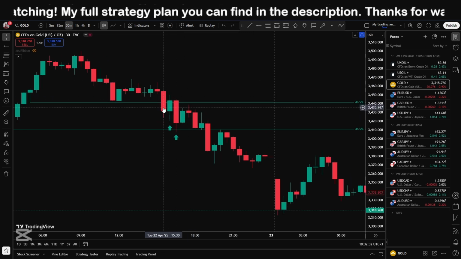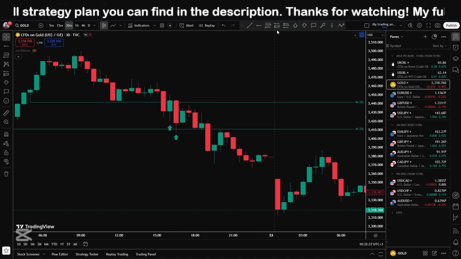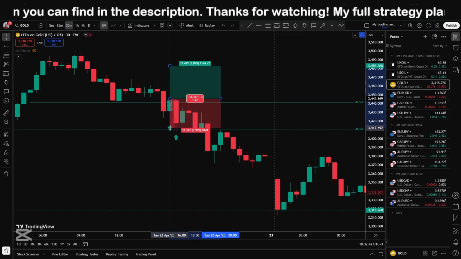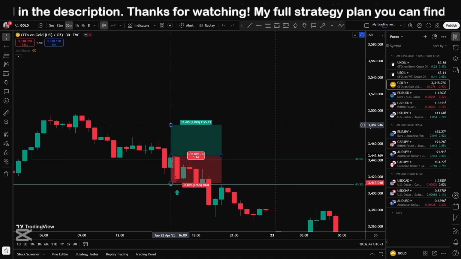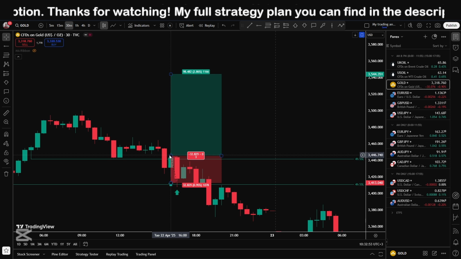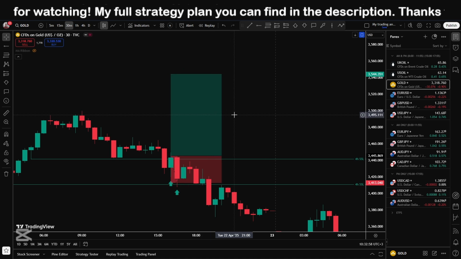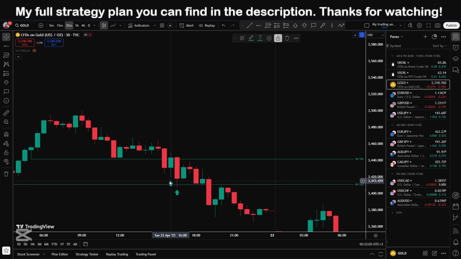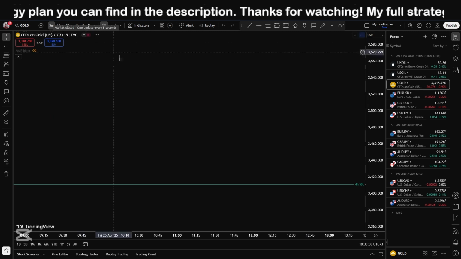You can see that we have the bearish bar, then the bullish bar, stop loss under the wick, again risk reward ratio 1 to 3, but you can see how the price didn't go in my direction, so I take a loss. And the second trade is from the 5-minute time frame.